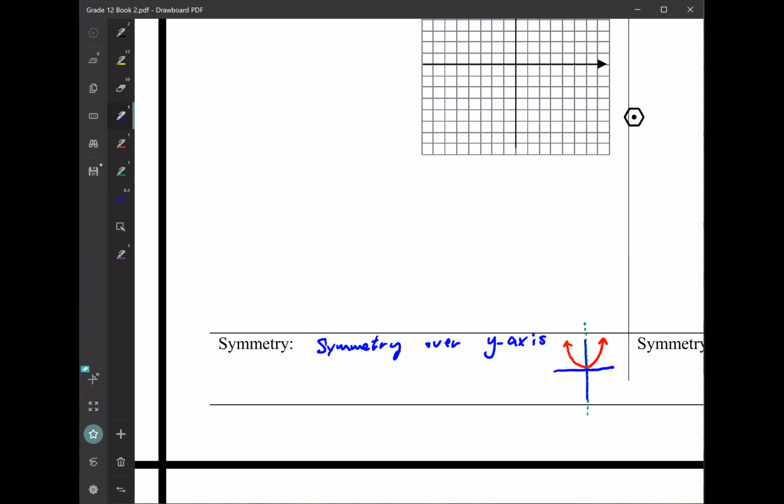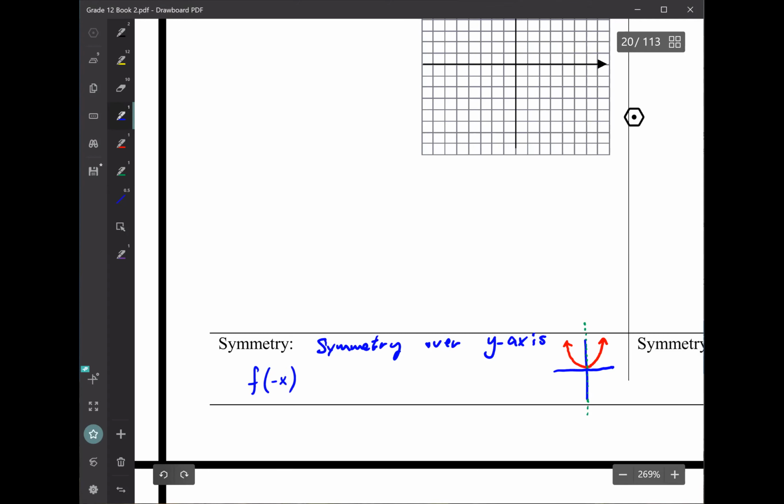Anybody remember? What's the rule for reflecting over the y-axis? Anyone? When we learned about the RST. Cindy, do you remember? Rule for reflect over y-axis. X is negative. Yes, very good. So if I reflect over the y-axis, you must have a negative with the x.